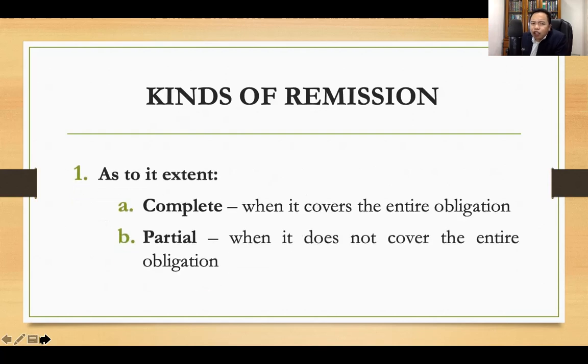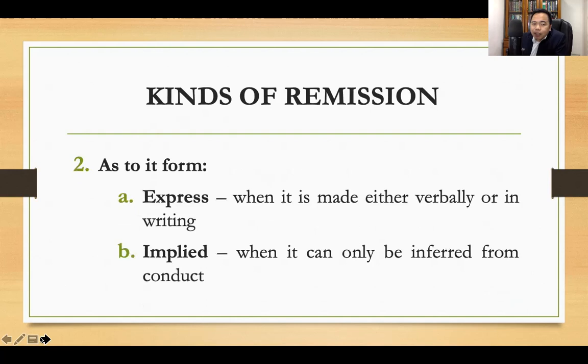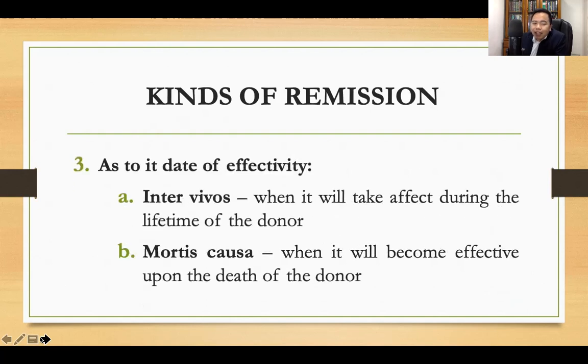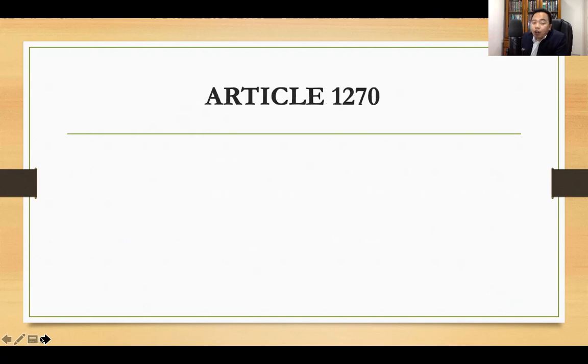There are kinds of remission: complete, partial, express, implied, inter vivos, mortis causa. When you say inter vivos, this takes effect during the lifetime of the creditor donor. In mortis causa, it will take effect upon the death of the creditor donor. Okay.